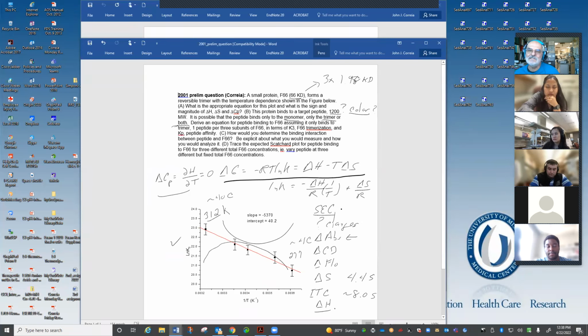Some people would say it's easier because you can run an SEC column in minutes. So in principle, you could add the drug and then immediately get the outcome. You would see the trimer come out first, and the monomer come out second.